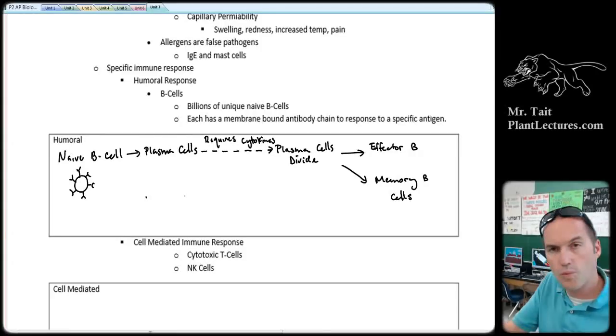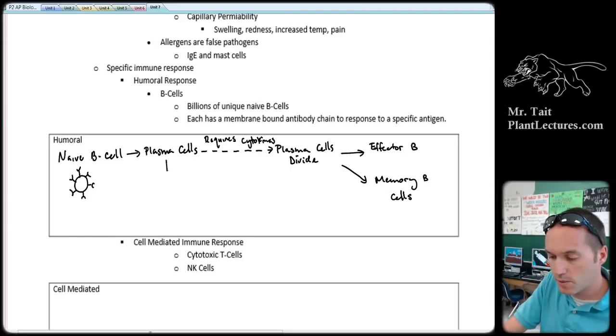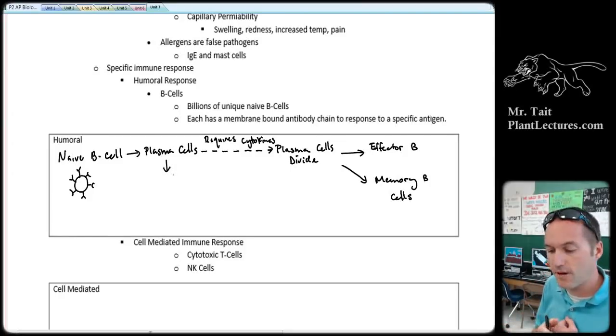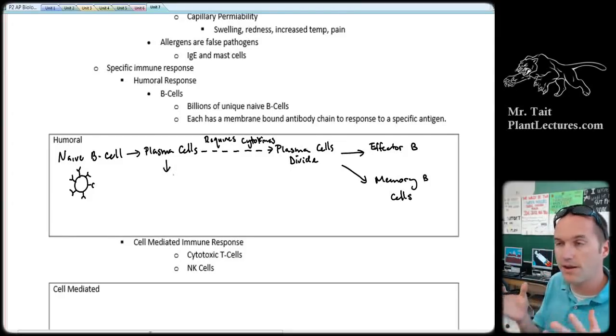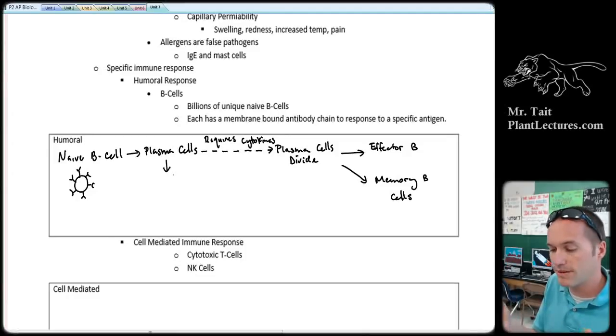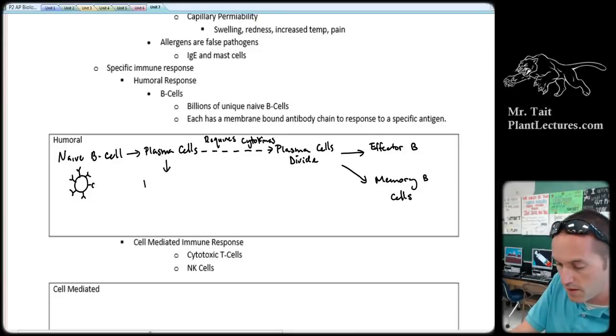So why would a helper T cell then release cytokines? Well, these plasma cells are going to present whatever they've found. So once the plasma cell finds a pathogen or an antigen of some kind, it's going to present that on its MHC2.